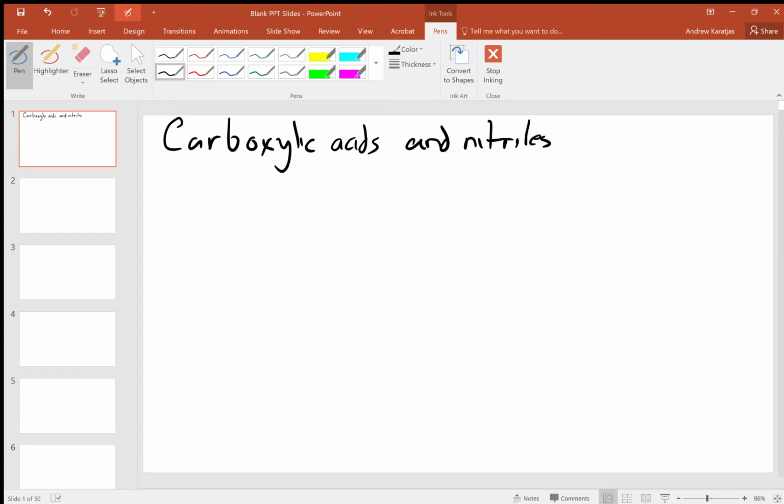But we will here start with some nomenclature. And nomenclature for most carboxylic acids is pretty straightforward. In fact, I would say similar to aldehydes, it's definitely one of the easier functional groups to do.